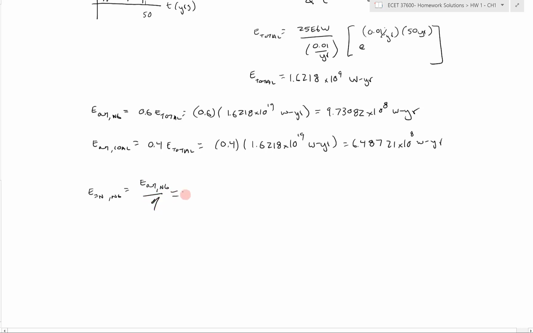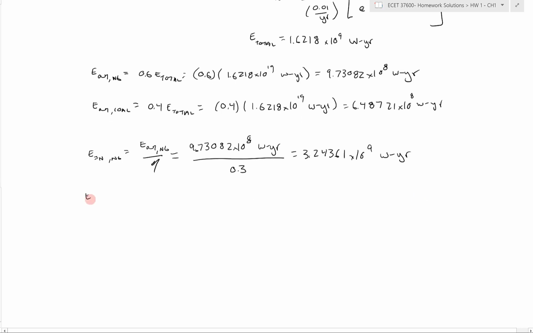We were given that directly, so we're just going to take this number here for the E out, 9.73082 times 10 to the 8th watt years. I need to divide that by 0.3. So that's going to give me 3.24361 times 10 to the 9th watt years.